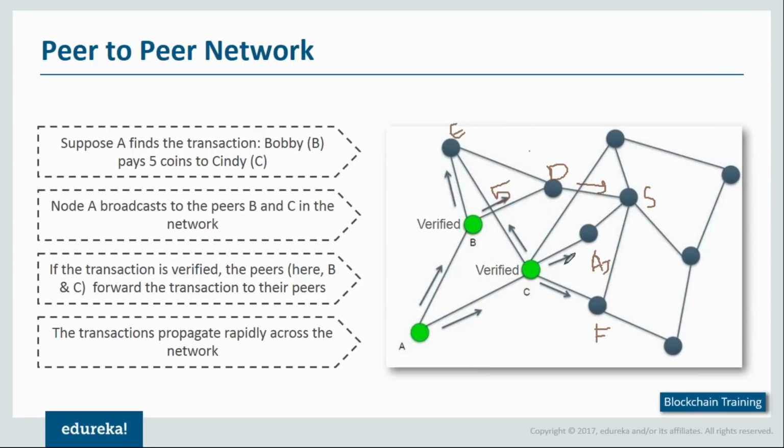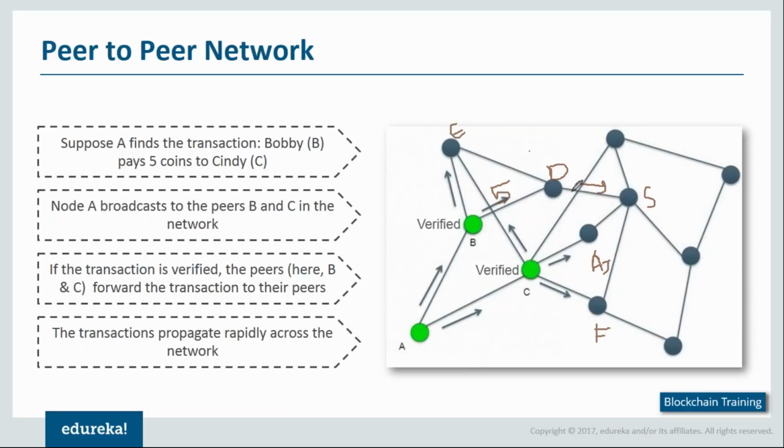But then what happens is Shilpa gets two signals. One is coming from Ajay, which has the correct data that is being propagated by Cindy. That is, 5 bitcoins has to be transferred from Bobby to Cindy. But at the same time, she's also getting another signal from Dave that says 5 bitcoins has to be transmitted from Bobby to Dave. Now this leads to a conflict, so she requires a clarification.